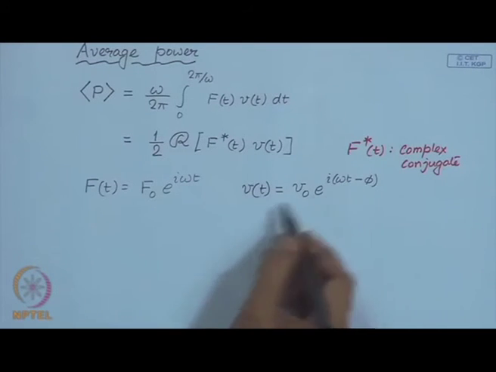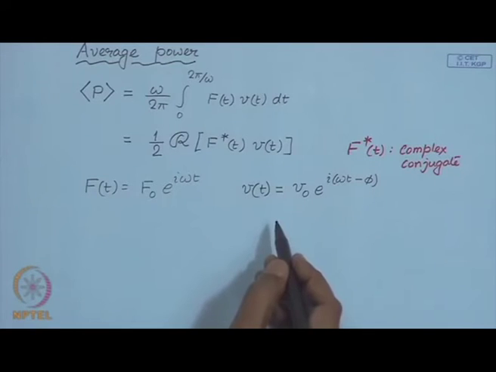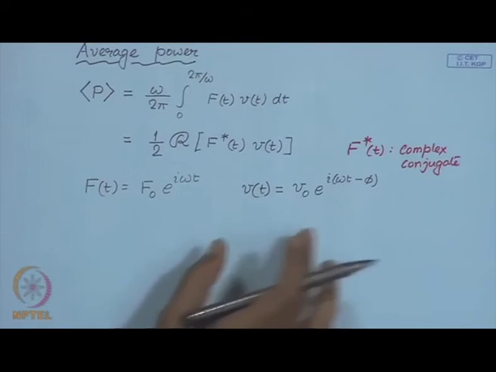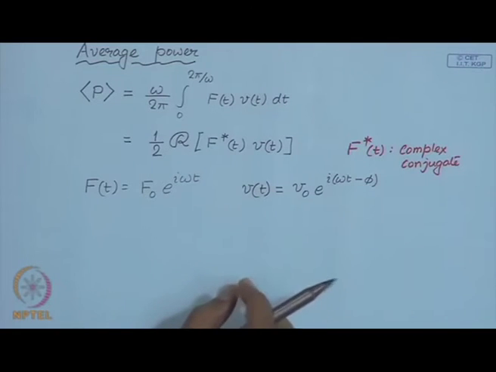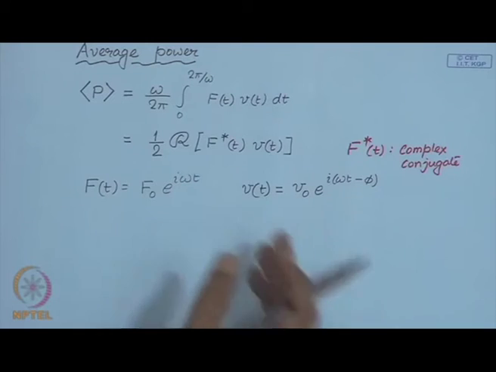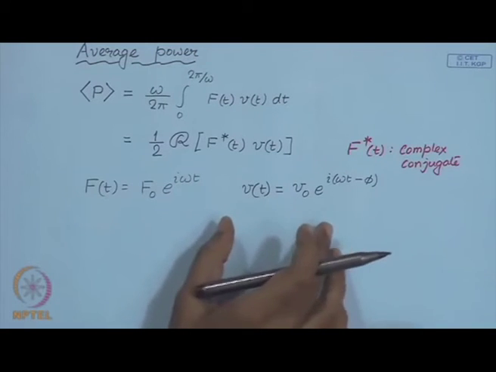Velocity or displacement both will have a phase difference with the force in general. In case of an undamped system, the phase of the displacement goes to 0 and of the velocity is pi by 2.